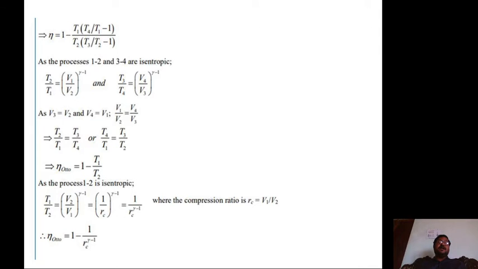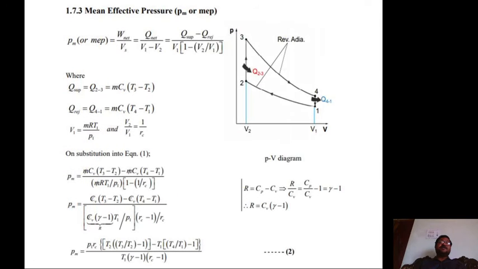Therefore, the Otto cycle efficiency is equal to 1 minus 1 by rc raised to the power of gamma minus 1. It can be written like this also, or else you divide the numerator and denominator, and 1 to any power is 1, as you all know. This is the Otto cycle thermal efficiency.